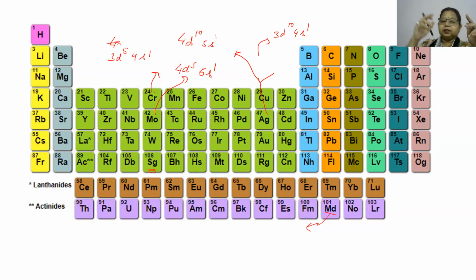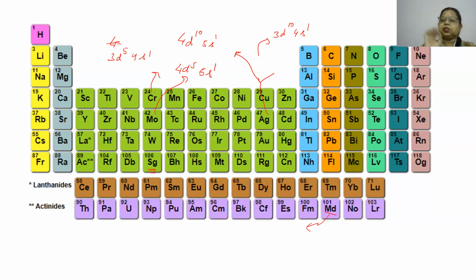Similarly, for 29, 47, 79 and 111 it has to be an exception. Please do not divert from the concept. Just keep it in mind that you have to apply this only to these elements, right? I have explained because I believe that queries have to be answered. Therefore, I answered your query, right?